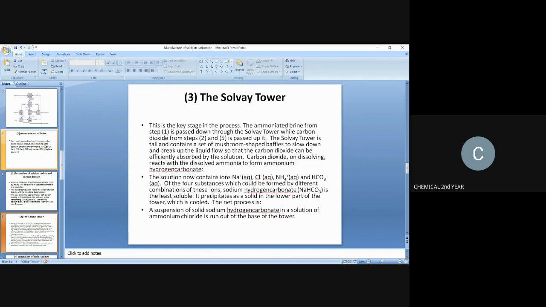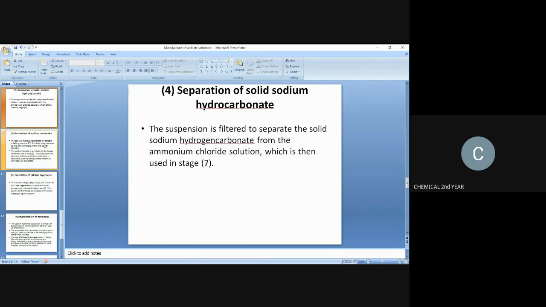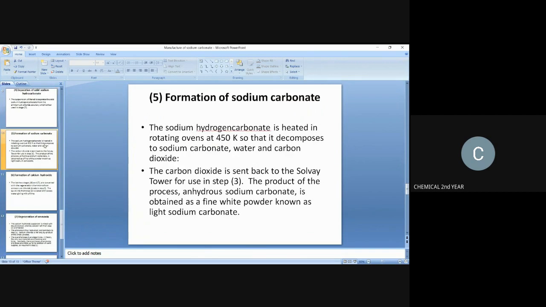Next, formation of sodium carbonate. The sodium hydrogen carbonate is heated in a rotating oven at 450 Kelvin so that it decomposes to sodium carbonate, water, and carbon dioxide.